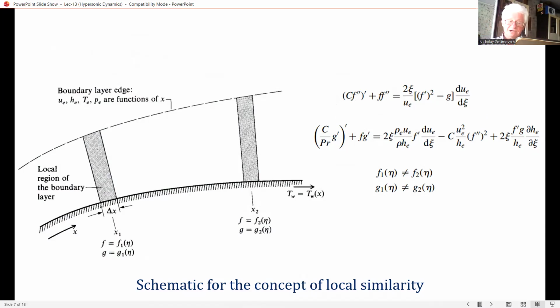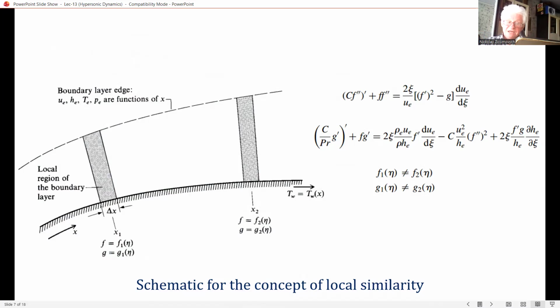At any given x or zeta station, du over d zeta, rho, u, and h are the local values, and hence enter our equations as specific numerical values. In contrast, these equations will be seen as ordinary differential equations.